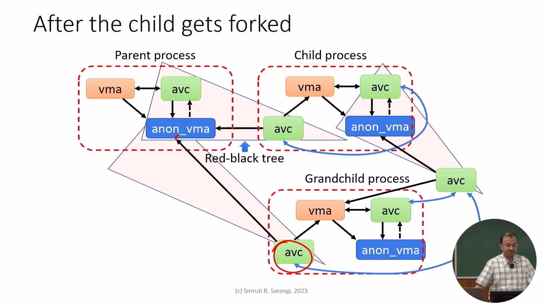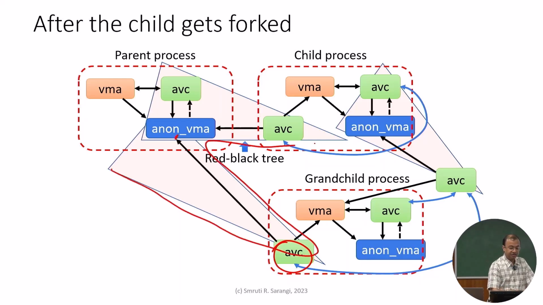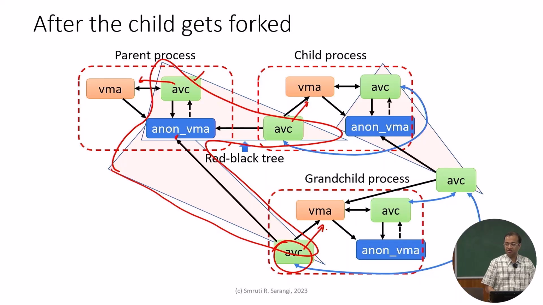That is why it needs to create an AVC. So in this case, the entire thing is a red-black tree. The red-black tree in this case has 3 nodes, which are the 3 AVCs. One AVC points to the VMA of the parent. One AVC points to the VMA of the child. One AVC points to the VMA of the grandchild.